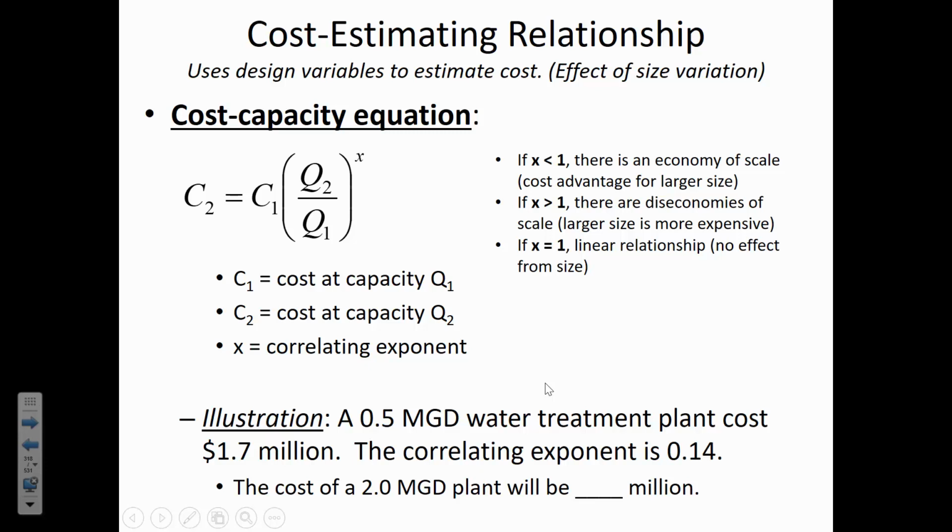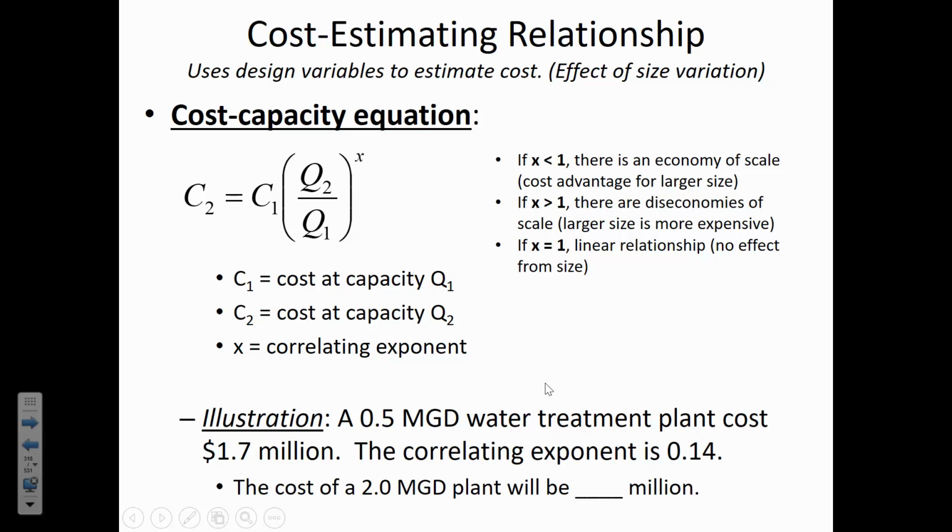So x is 0.14. And so we want to find out what is the cost for some wastewater treatment plant that has a capacity of 2.0 million gallons per day. So C2 is unknown. So all we do is just substitute into the formula.